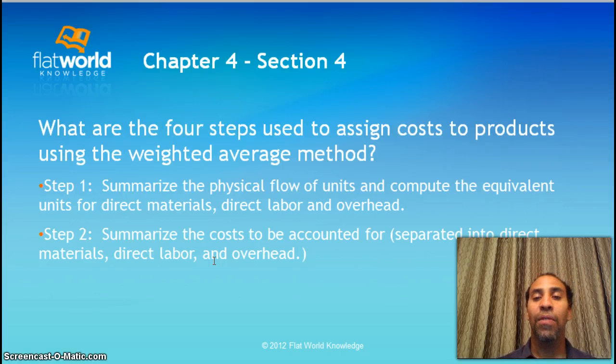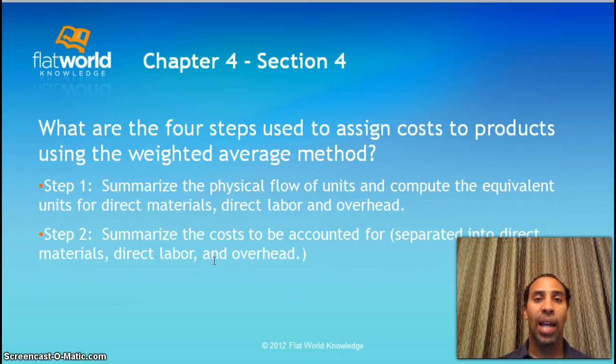Step one, summarize the physical flow of units and compute the equivalent units for direct materials, direct labor, and overhead. Right? So you have to check the flow and see what happens with the equivalent units in regards to direct materials, direct labor, and overhead. Step two, summarize the cost to be accounted for, separated into direct materials, direct labor, and overhead, right?